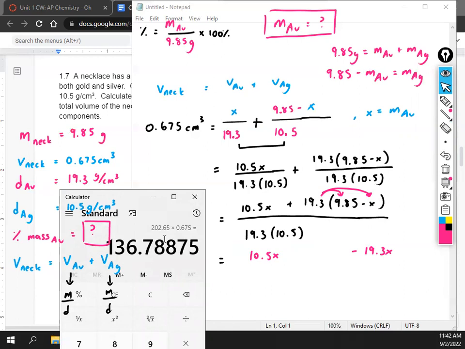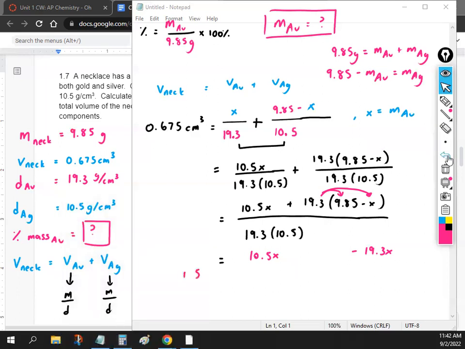And then we subtracted the 190.105, which is what you get when you distribute 19.3 times 9.85. Yeah. So if I rewind a little bit, it should have been 136.789. And then we subtract both sides by 190.105. I want to make sure you guys are getting the steps, so don't feel bad about asking questions. Any other questions? These are good. It's a lot of calculations.